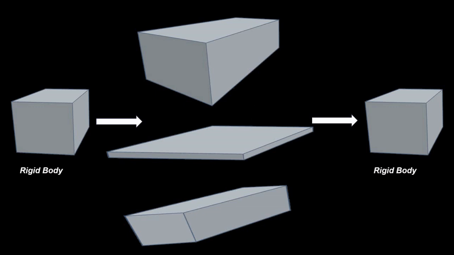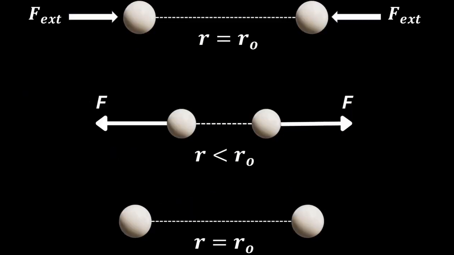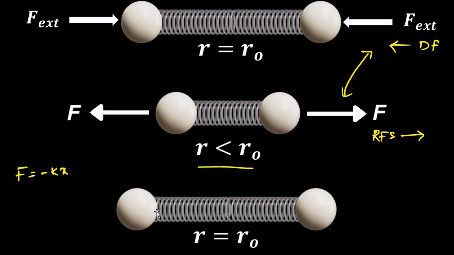So the deformation is temporary. That interatomic force which restores the atoms back to their original position behaves exactly the same as the restoring force of the spring, which tries to restore the spring back to its original mean position.